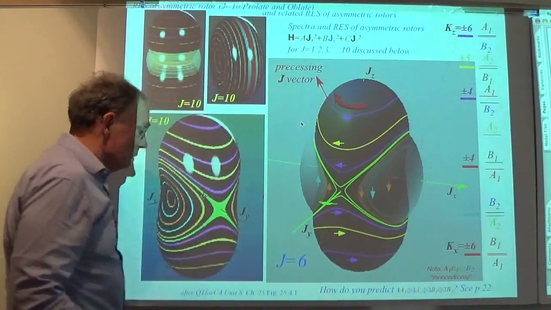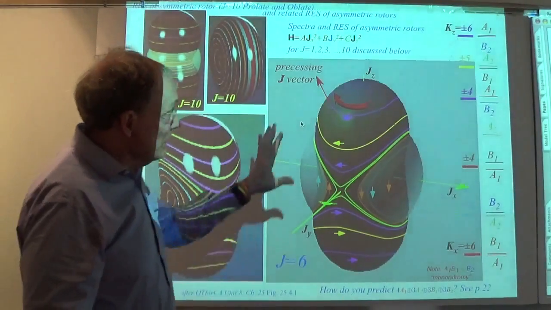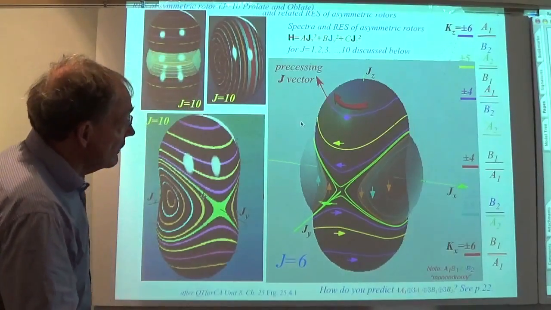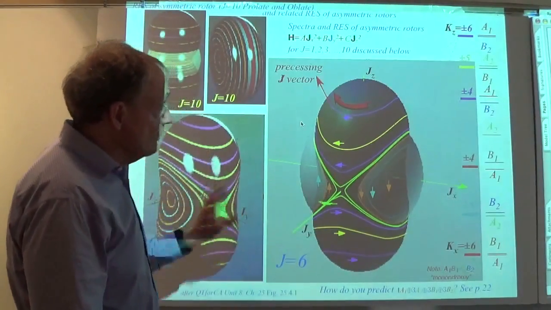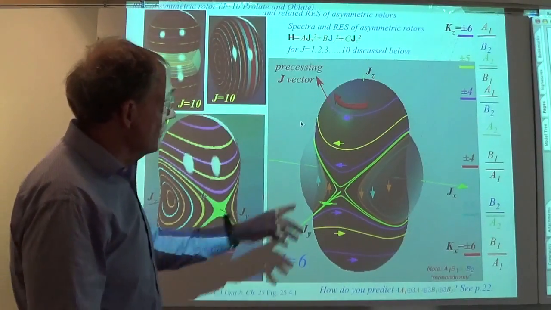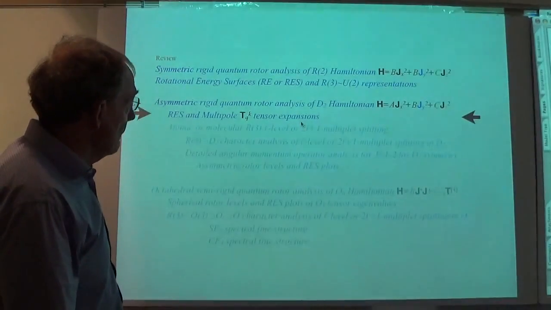We'll discuss all of that as we go through this. But in any case, the asymmetric top is the one which has deviations, very strong deviations from intersections with a circular cone. It makes a very scrunched up cone.